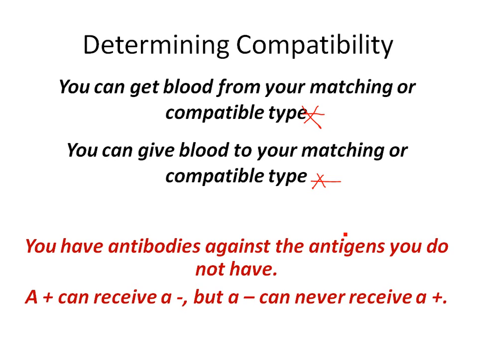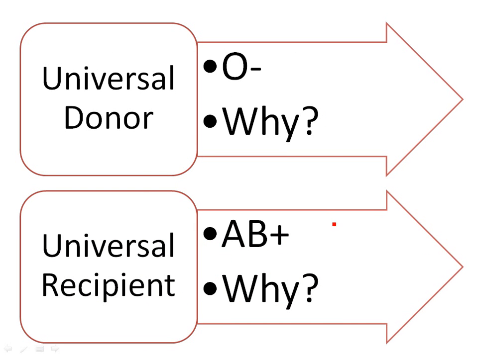Also remember, a positive can receive a negative, but a negative can never receive a positive. That relates to Rh factor. And remember that the A, the B, and the Rh are separate genes. They are inherited independently of each other. You should also understand and know why O neg is considered the universal donor and why AB positive is the universal recipient.